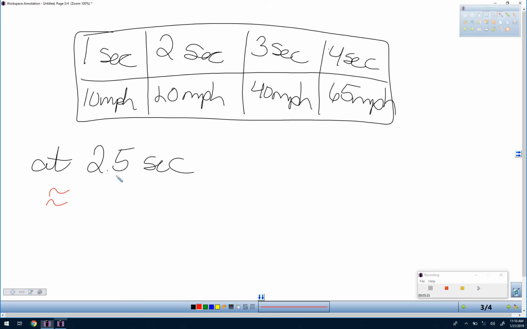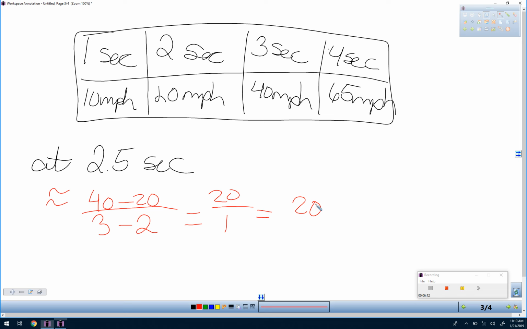So I can approximate its derivative at 2.5 seconds by simply doing 40 minus 20 over 3 minus 2, which would be 20 over 1, so that would be 20. And so I would say that it's accelerating approximately 20 miles per hour.